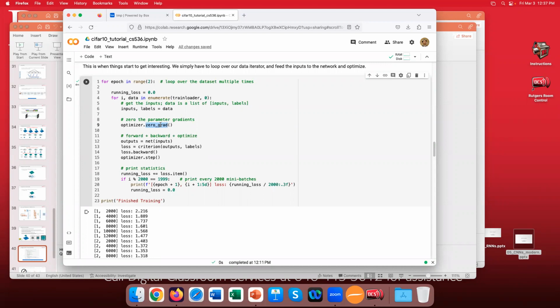The previous gradient is removed. So what you said is that the gradient is accumulated by default, so you need to clear it up.